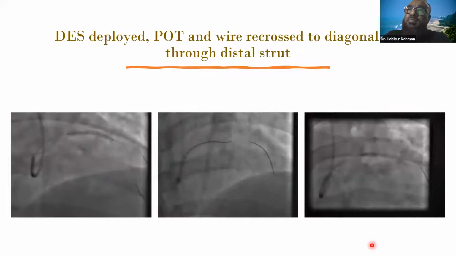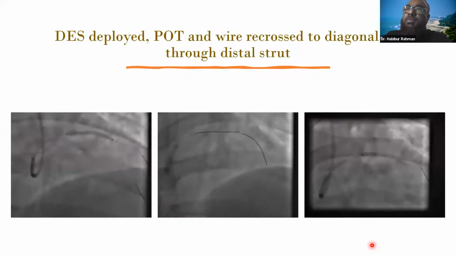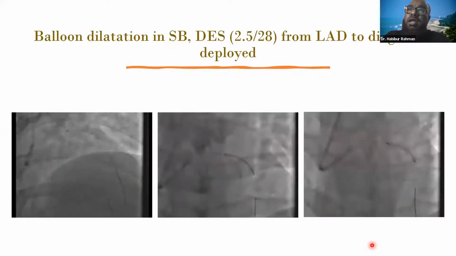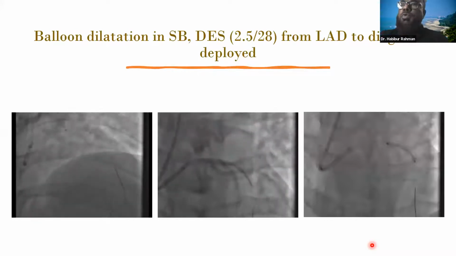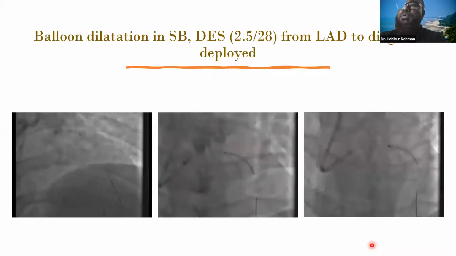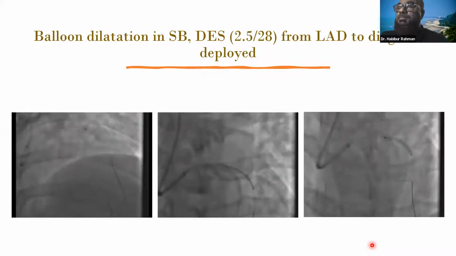DES deployed, POT ensured, wire recrossed to the diagonal side branch through the distal strut, and balloon dilatation of the side branch. Another DES 2.5 by 28 from LAD to diagonal deployed.